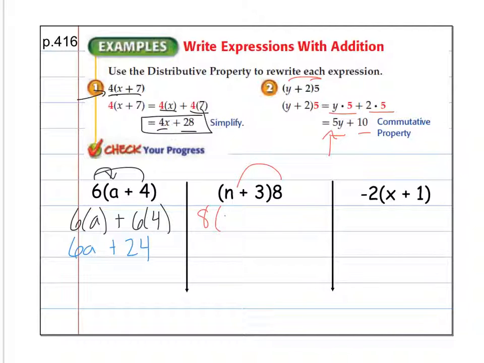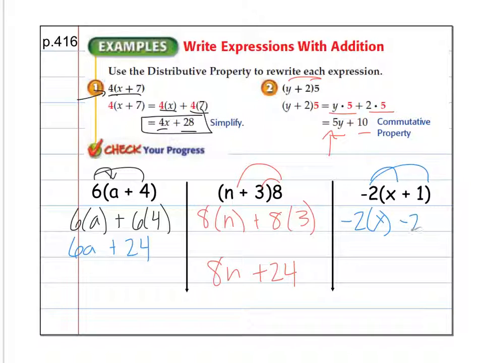So 8 times n plus 8 times 3, which would be 8n plus 24. Simplified. And one more, negative 2 times x. Negative 2, you could do plus negative 2 times 1 to be negative 2x minus 2. So our integer rules from chapter 1 really play a part here.